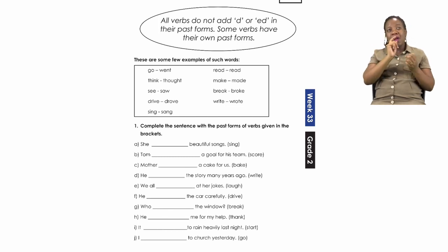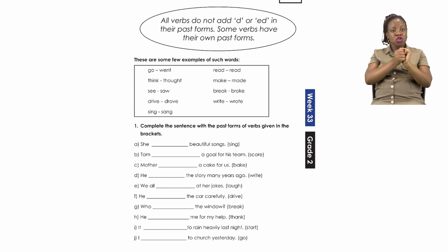All right. Now therefore, number 1, it says you have to complete the sentence with the past forms of verbs given in the brackets. So there you will see you have your sentence, then you have a blank space, and at the end of the sentence you have a word in its present tense that you have to change to the past tense to fill in the blank space.